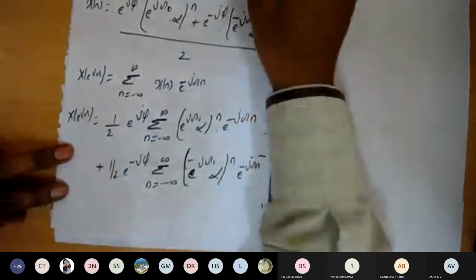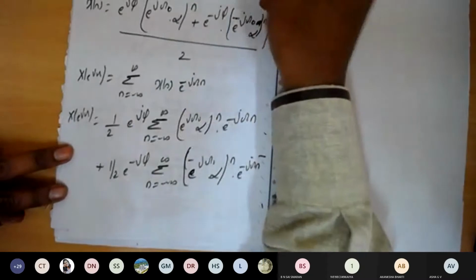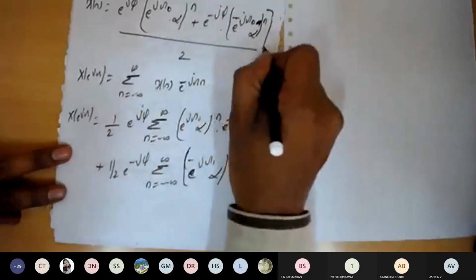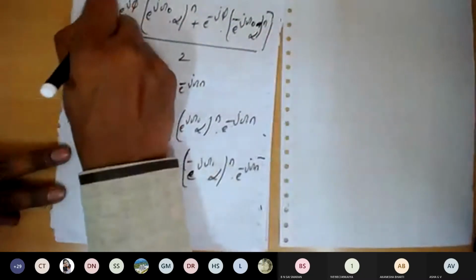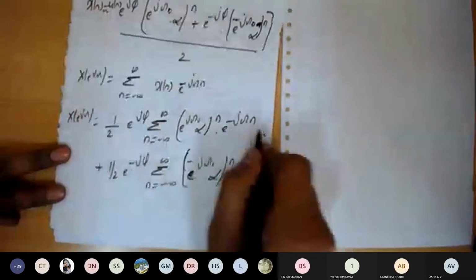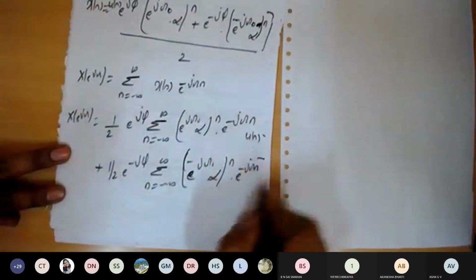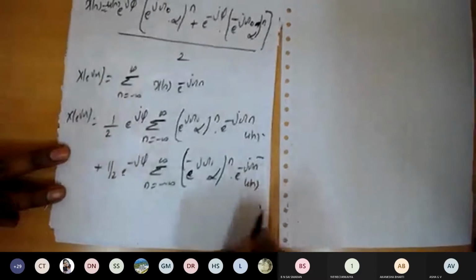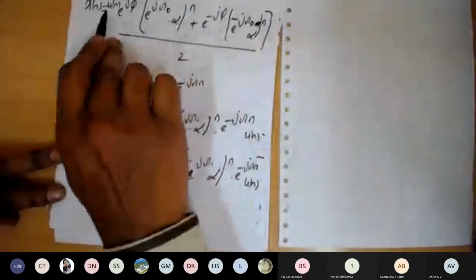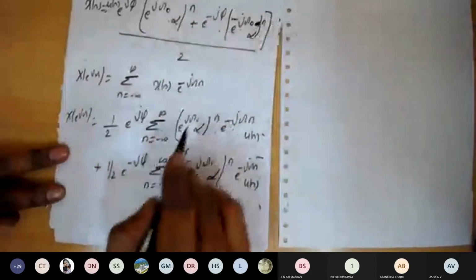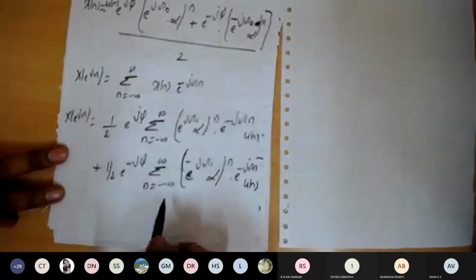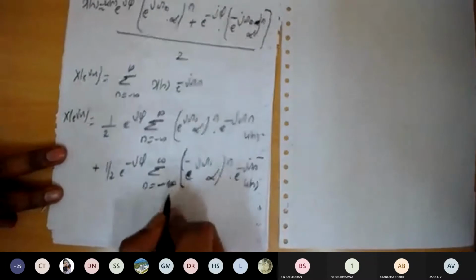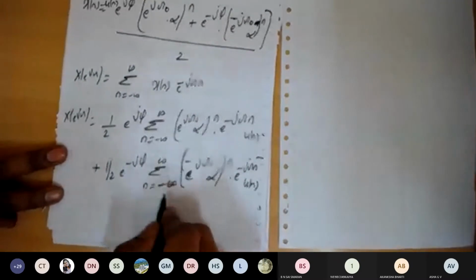Also I missed one term here, u of n. So you can just multiply u of n here, and here also I'm going to multiply u of n, so that we can change the limits of the summation from minus infinity to infinity to 0 to infinity.